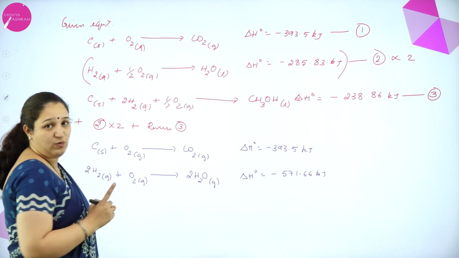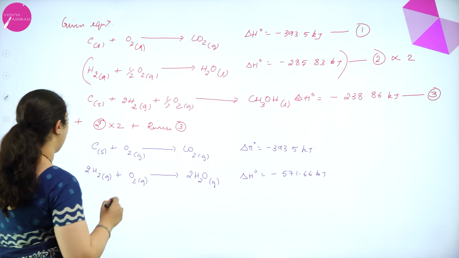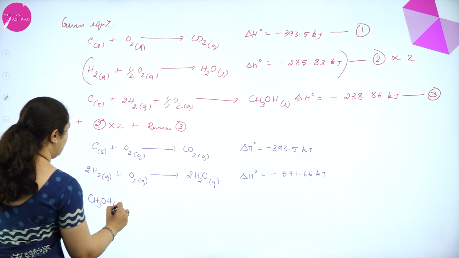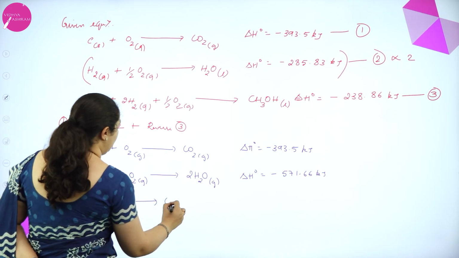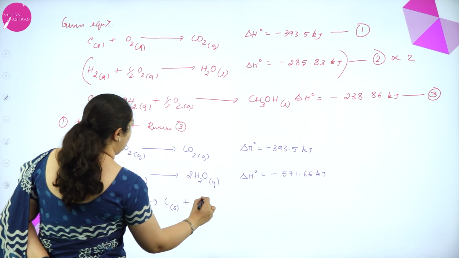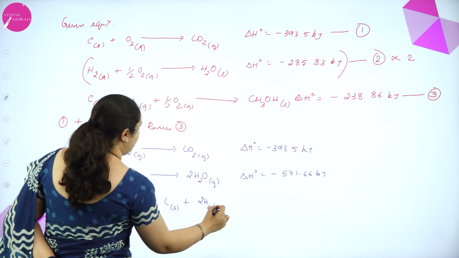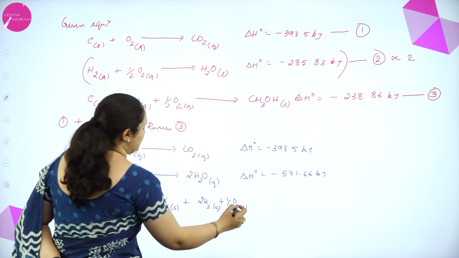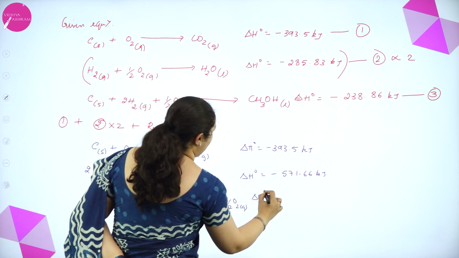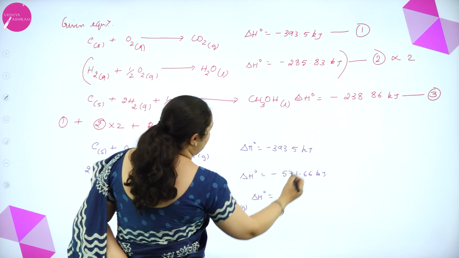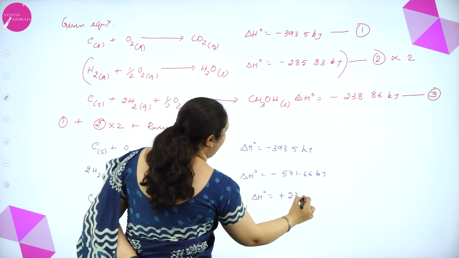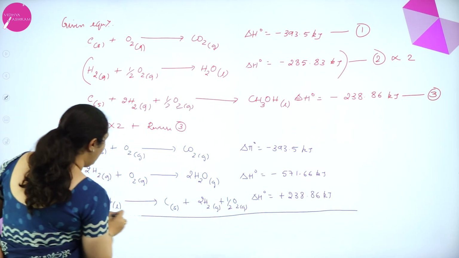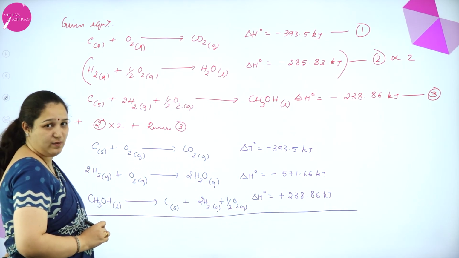Now, equation 3, I need to reverse and write. Reversing that, CH3OH will form carbon solid, 2H2 gas plus half O2, which is a gas. And delta H naught will become, it is minus, it becomes plus 238.86 kilojoules.